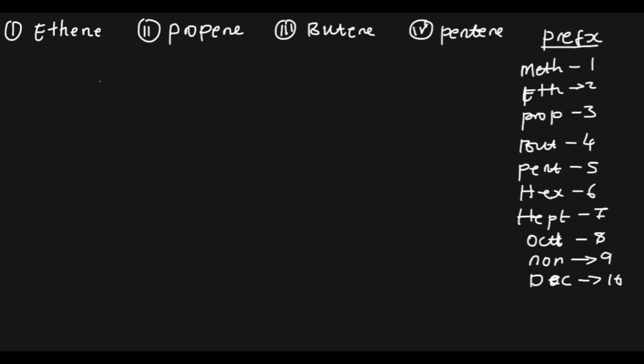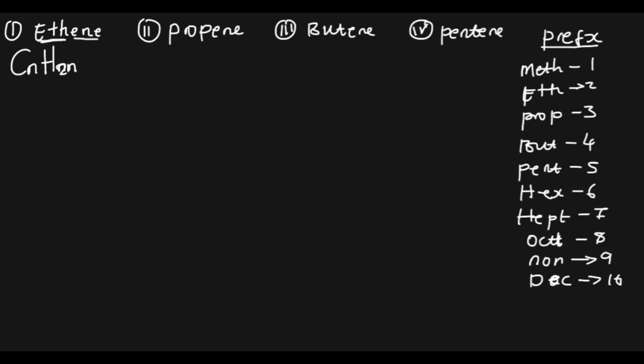Now, upon knowing these prefixes, let's look at how we can write the molecular formula for ethene. Here we can see that there are no numbers, so we can just ignore the position of the double bond. We need to write the general formula. All the molecules from this family obey the general formula CnH2n. Now let's break this name into 2 parts. The first one, we can see we have Eth.